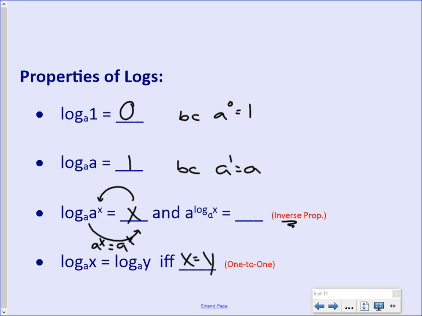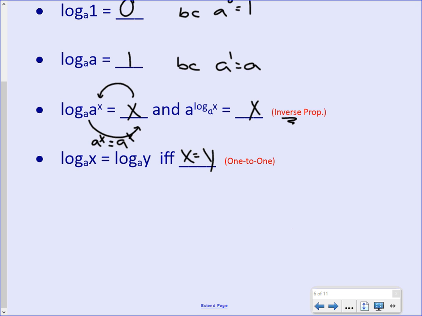So anybody want to take a guess as to what the second one is going to equal? X. Okay, this one's a little bit harder to do when you're rewriting. Notice that this one is already in exponential form. So if I wanted to rewrite this, I would have to change it into a log. So think about how do you rewrite 3 squared equals 9 as a log. Log base 3 of 9 equals the exponent.